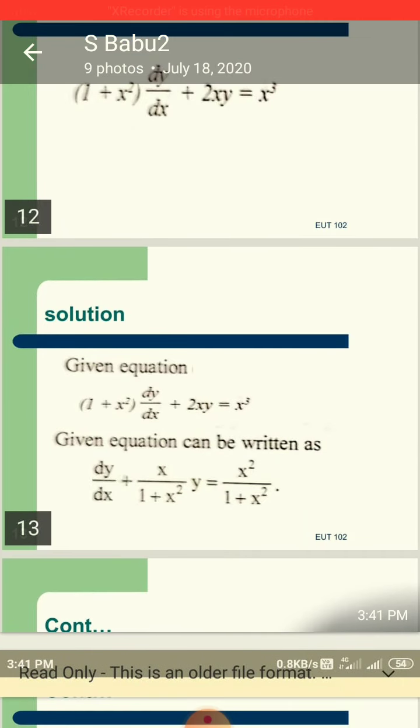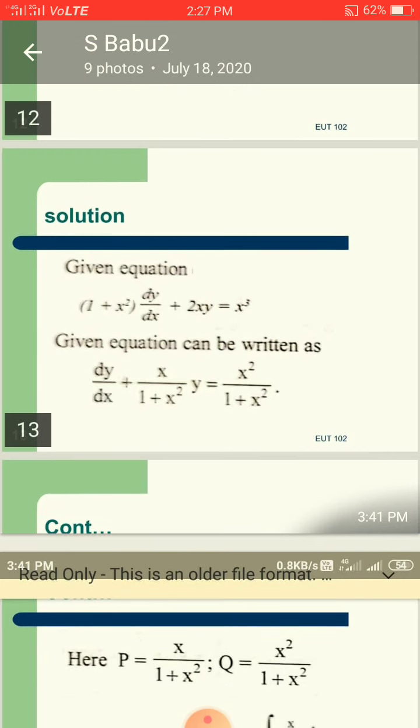When you divide it by 1 plus x square, we get dy by dx plus x by 1 plus x square into y is equal to x square by 1 plus x square. Like that we can get.